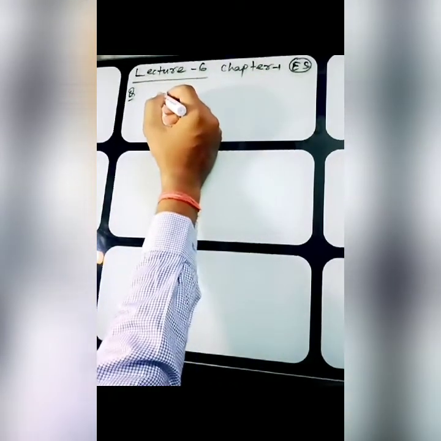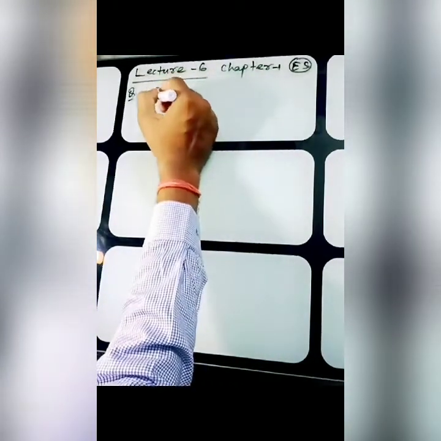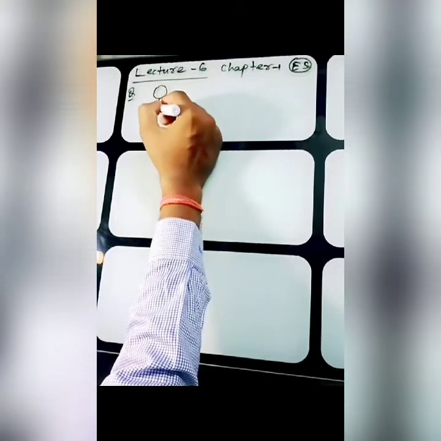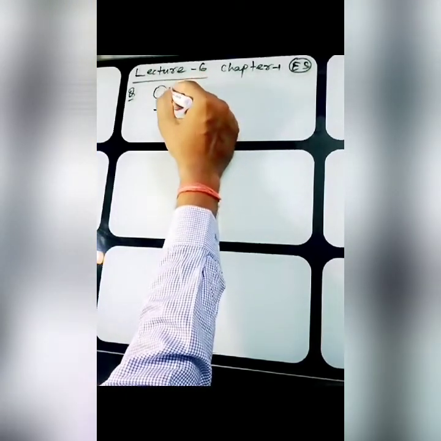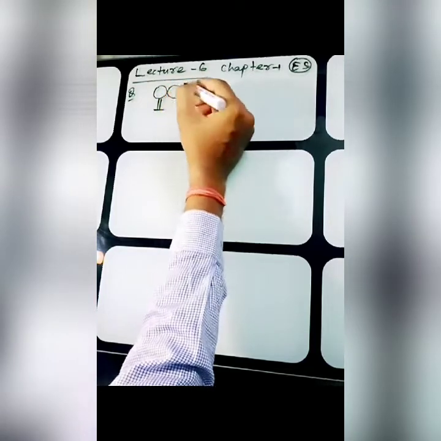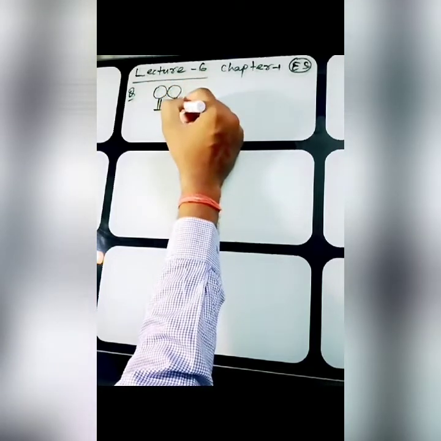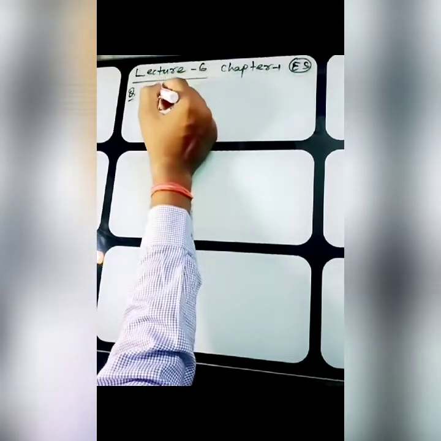Here I am giving you the question. Suppose, students, we have two neutral identical bodies, A and B, and these two neutral bodies are in contact.